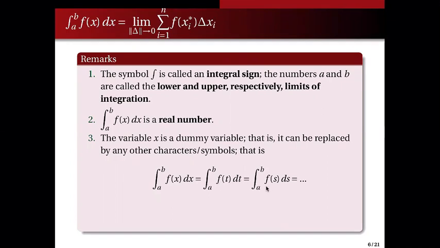If I replace it again with s, as long as everything is the same except for that variable, then they will all be equal. So x is a dummy variable. Take note, we are talking about the definite integral.